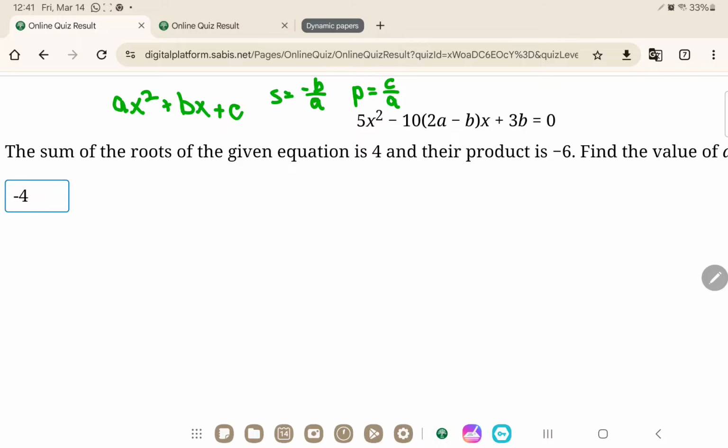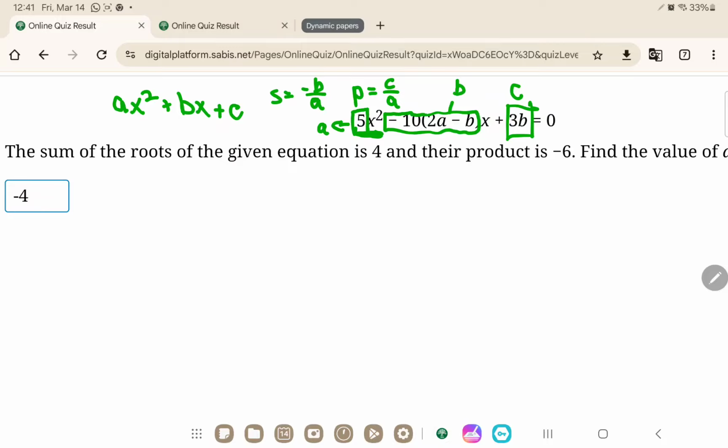I want you to ignore the fact that these letters are a and b. This value, 5, is a. This, with the negative, is b, and this is c. So 5 is the a, negative 10 into 2A minus B is the b, and c is 3B.